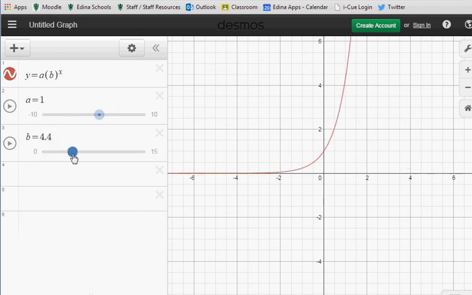And so when it's above 1, when b is like 4, it looks like it's going up, and this is called exponential growth. But when b is flipped around and b is less than 1, we call this decay, because the value is going down and down, further down.